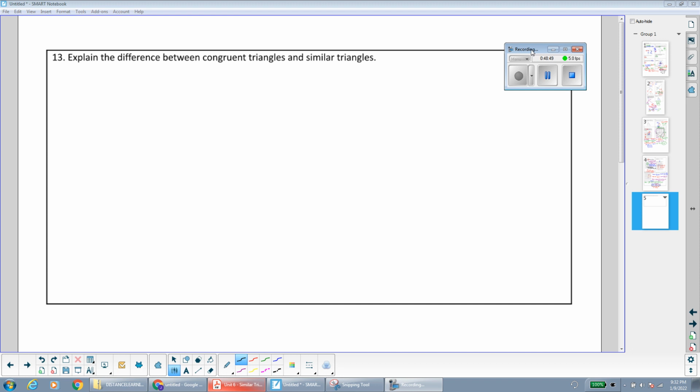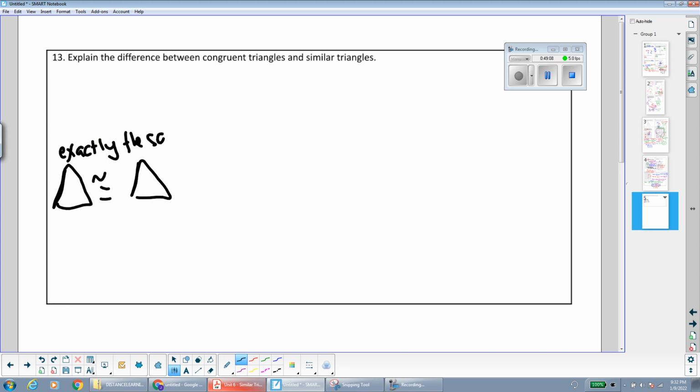The last question is asking to explain the difference between congruent triangles and similar triangles. Congruent triangles are exactly the same size and shape. So I'm going to write here: congruent, exactly the same size and shape.